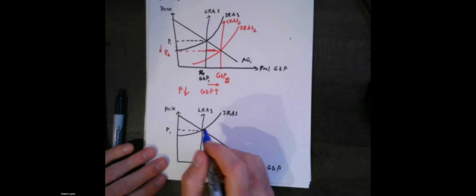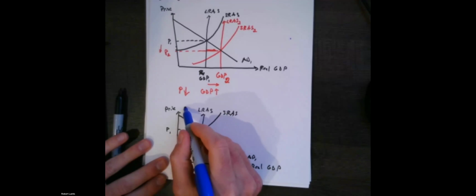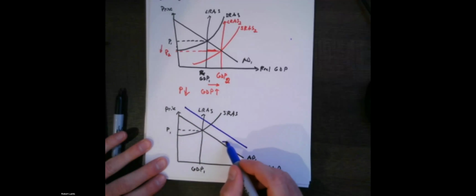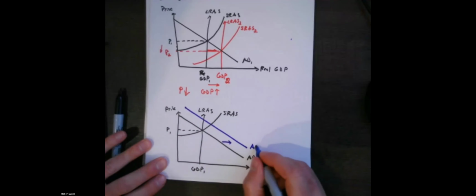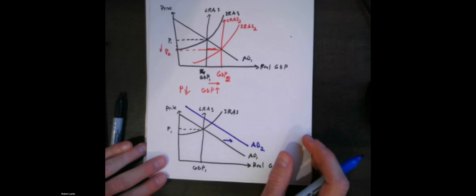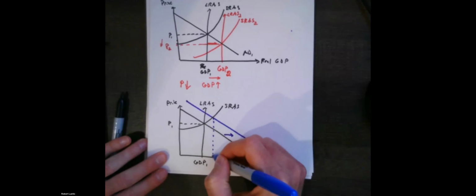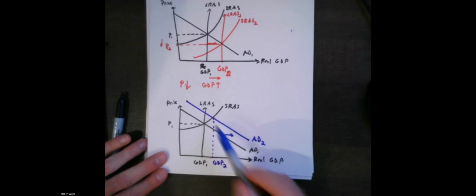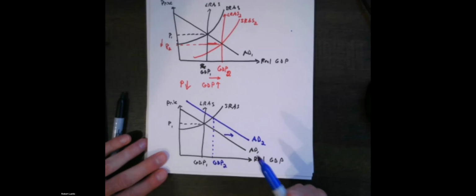If I had exchange rates improve, what's that going to do? Well, if exchange rates improve, that's going to increase expenditures or increase our aggregate demand. So in the short run, what's going to happen? Well, in the short run, our GDP is going to be higher. Where does that short run aggregate supply hit our aggregate demand curve?